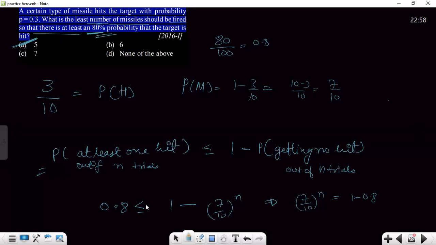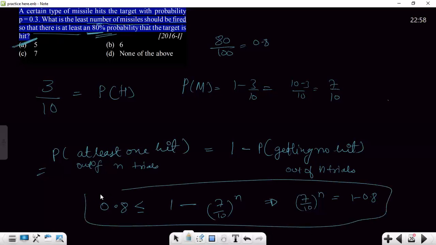That's why. And see, there's one thing to understand. This is equal only. And this is the given condition. So this whole is less than or equal to 0.8, and instead of this, I have written the right hand side. Clear? Yes, sir. Good.